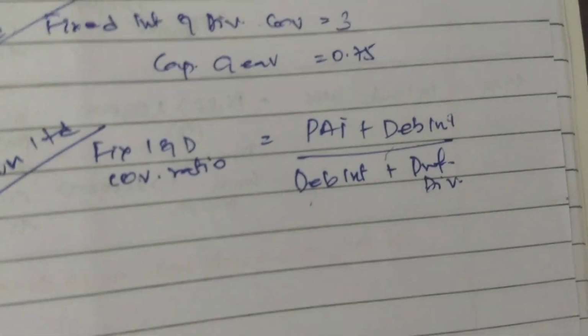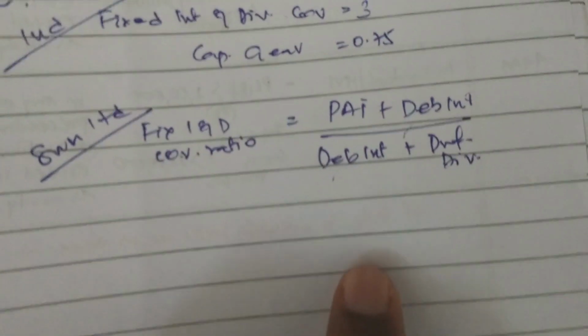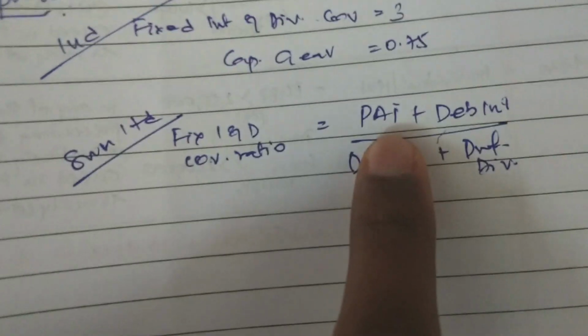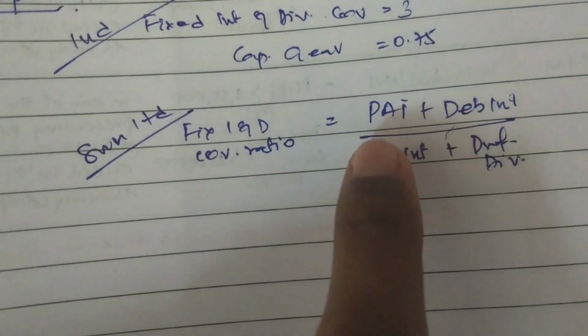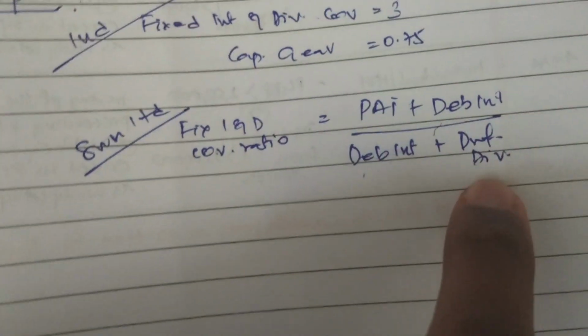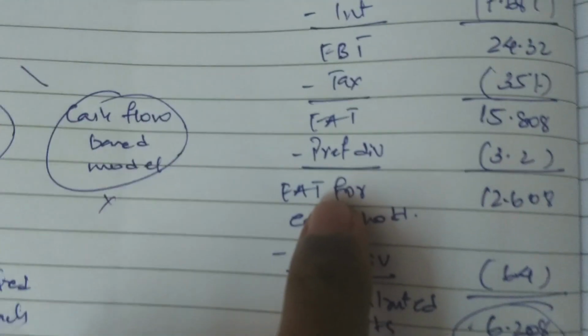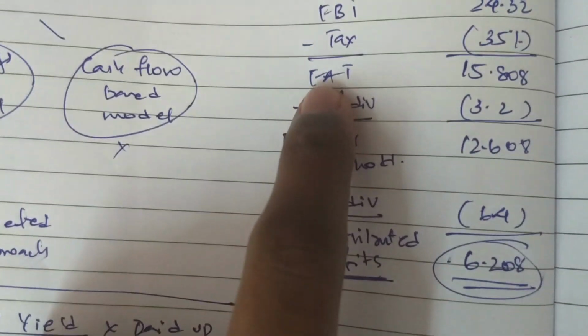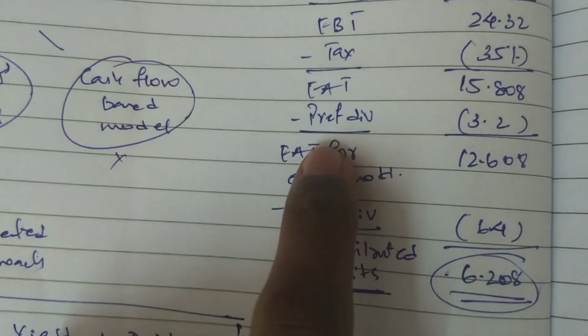What does this mean? It defines the extent of profit that is required to cover the interest. See, when is debenture interest given, or when is preference dividend given? From this we know that preference dividend is given from earnings after tax.